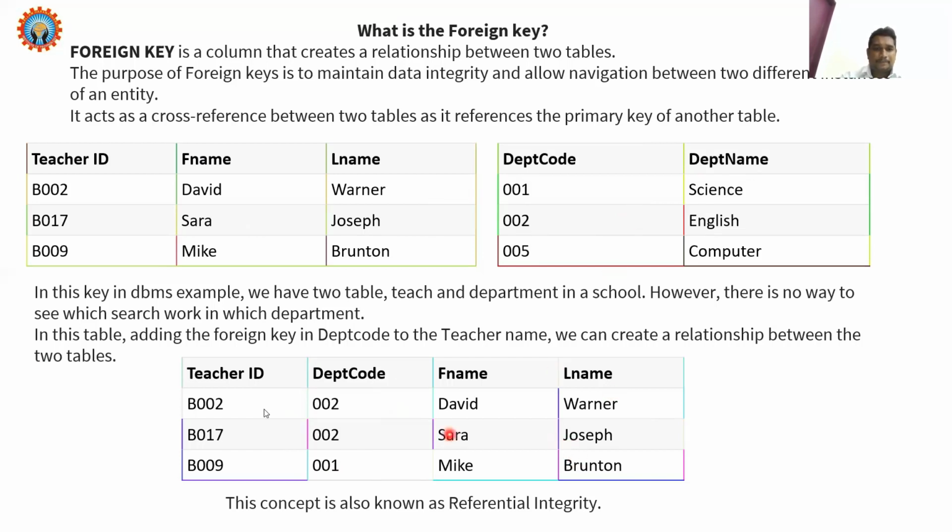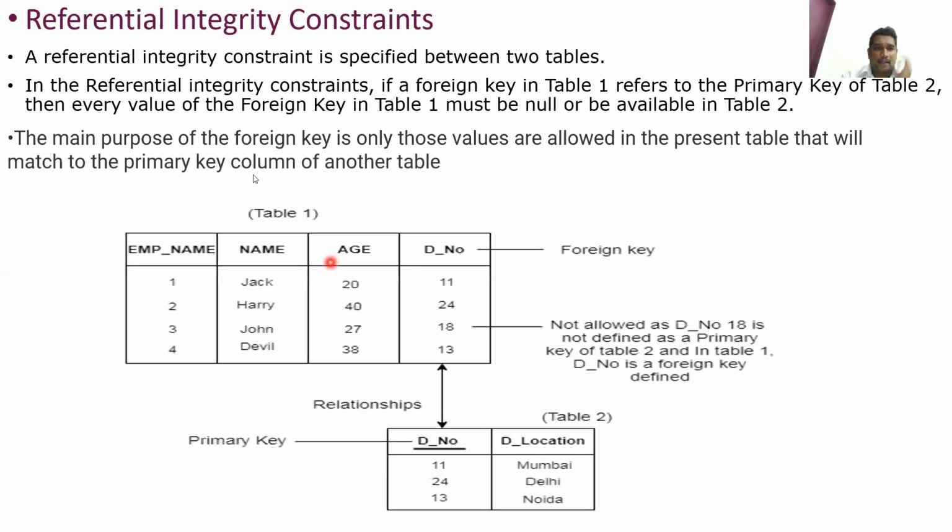Next, you understand, in one relation we use a primary key attribute, and that primary key attribute becomes a foreign key attribute in the second relation. Clear. Now see referential integrity constraints. A referential integrity constraint is specified between two tables, so we have two tables.